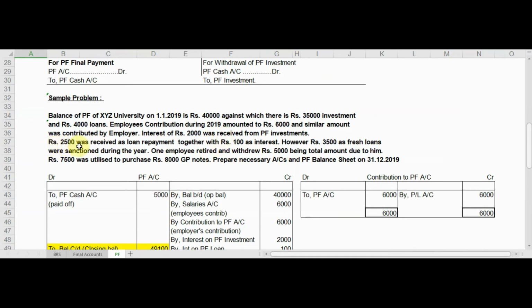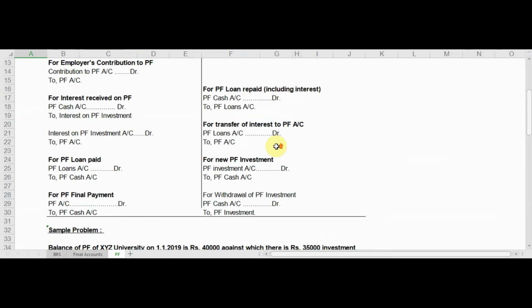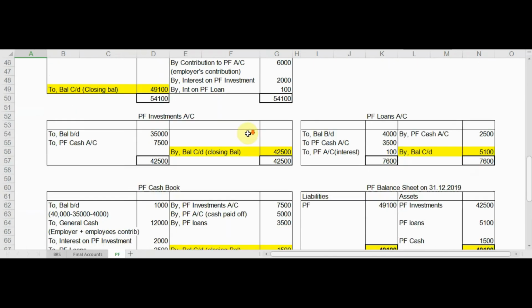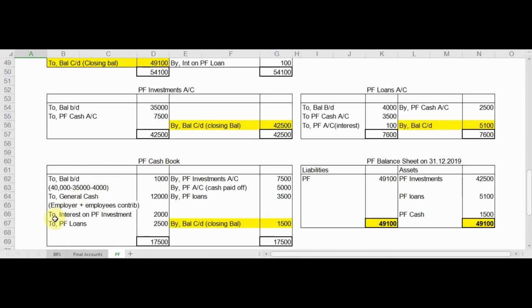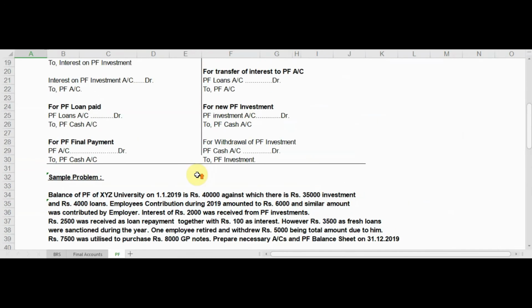Rupees 2,500 was received as loan prepayment together with rupees 100 as interest. What is the journal entry for PF loan repaid? First, PF cash account debit to PF loans 2,500. What is the next entry?